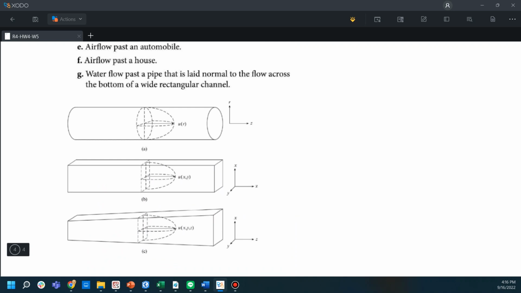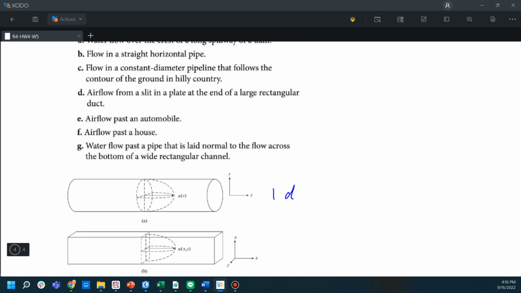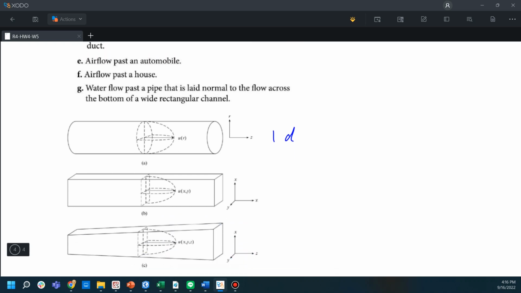So here's the figure provided by the textbook. A is one dimensional flow, okay? Because we use the radius system and the y, so the flow is just going this way.